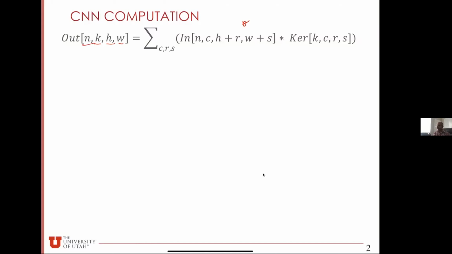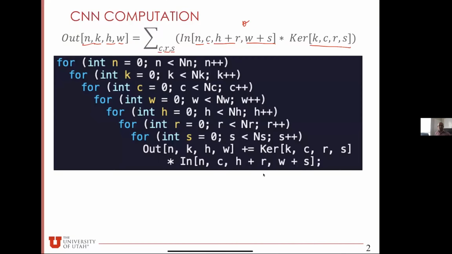And this is a summation over input channels and the stencil or extent R and S. The kernel is indexed by the input and output channels, and the stencil index is R and S, and input is indexed by the batch index, input channel, and we have the H plus R and W plus S indexes. Here I'm ignoring the stride and dilation parameters for simplicity, but the approach is not restricted to any specialized forms.